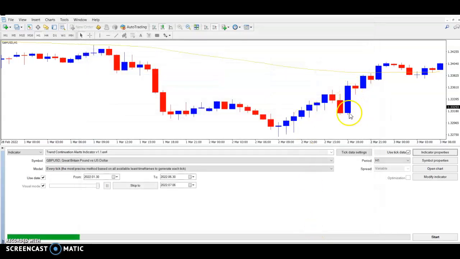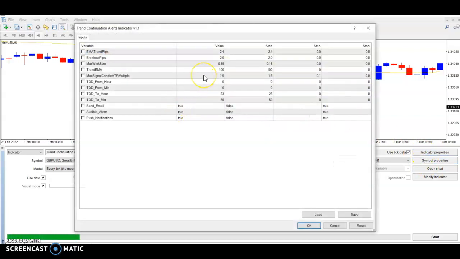How big is this candle compared to these candles? If you were on M1 or M5, for example, and you had a big news event, this candle could be massive, and then it would normally have some retracement. It doesn't necessarily mean it's a continuation of the trend, so you would not want to take that if it was a very large candle in comparison to the others. So we'll leave that at 1.5 to start, and I'll just show you.